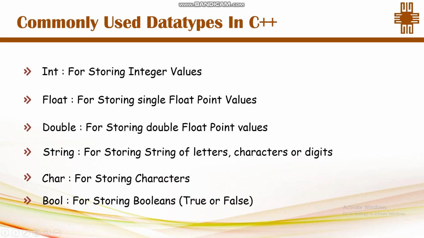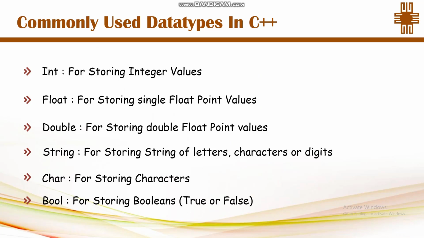String is used for storing strings of letters, characters, and digits. Char, meaning character, is used for storing characters like a single alphabet letter or any special character. And bool is used to store booleans like true or false, and it will return 0 for false and 1 for true on the compiler.